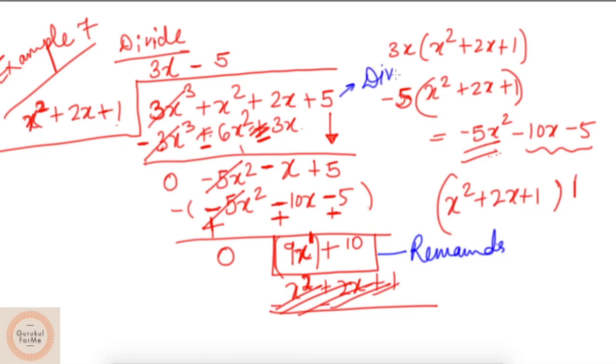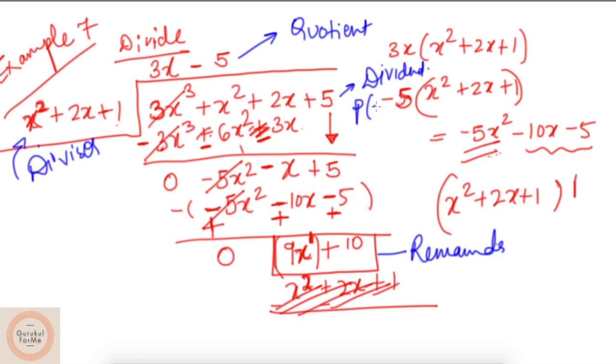This is the dividend. This is the quotient. This is the divisor. Right? Now, it's funny, but sometimes they refer to this dividend polynomial as px. They refer to the quotient as qx. Why? Because it's a polynomial, right? 3x minus 5. And the divisor as gx, and the remainder as rx.